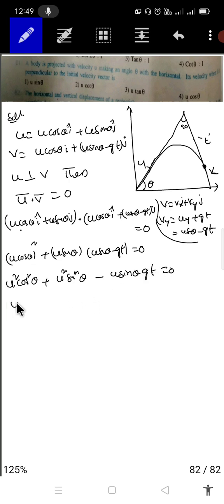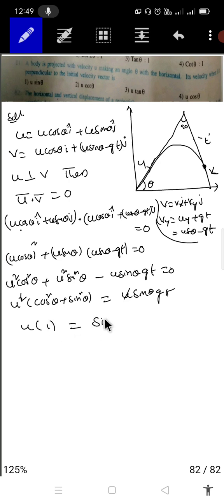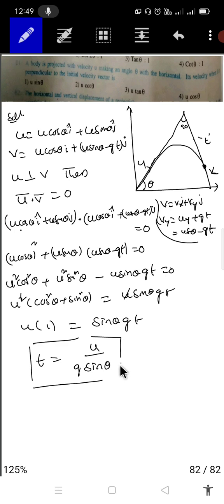So u square common, cos square theta plus sin square theta, equals u sin theta gt. Now one u gets cancelled, and this becomes 1. From this equation I am going to find out t. t is equal to u by (g sin theta). After t time these two are perpendicular to each other.